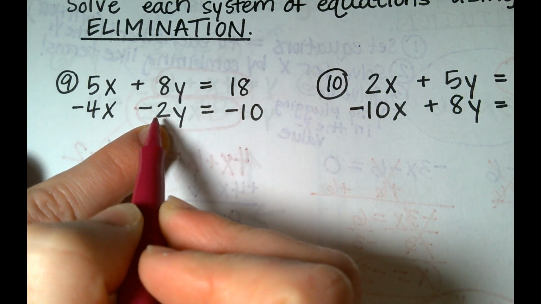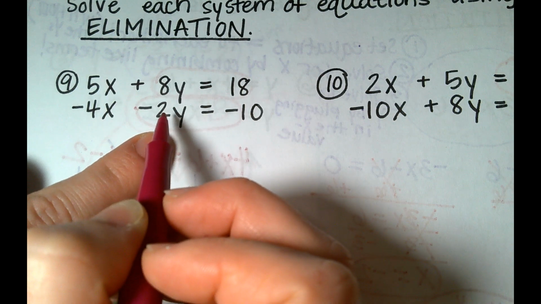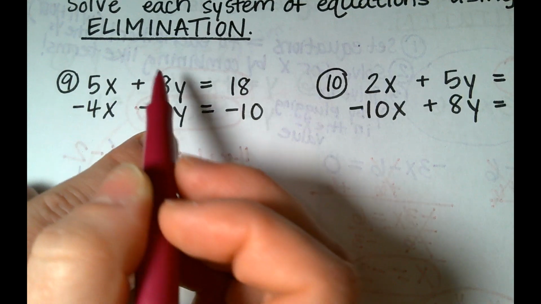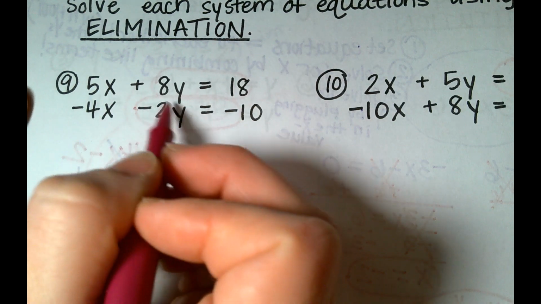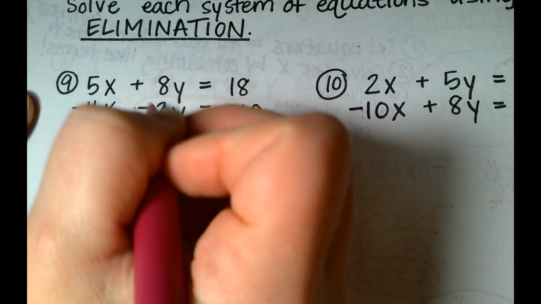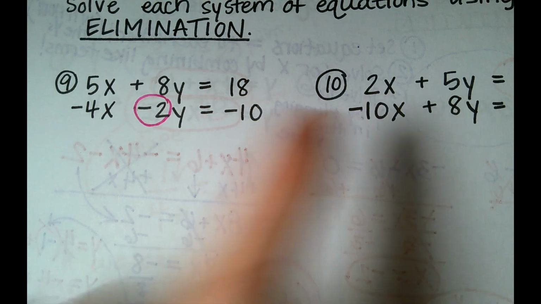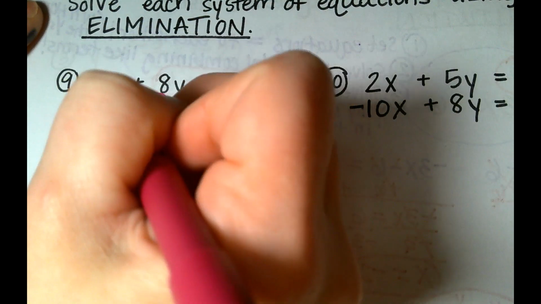If I want my negative 2y to cancel out my 8y, first of all, what does this negative 2 need to become? A negative 8y. So what I can do is take the number that I want this to become, negative 8, divide by negative 2, and that'll tell me what I need to multiply my equation by. So I'm going to say negative 8 divided by negative 2.